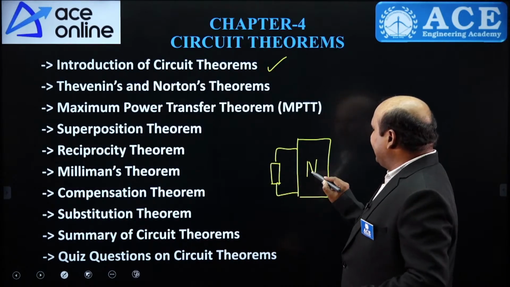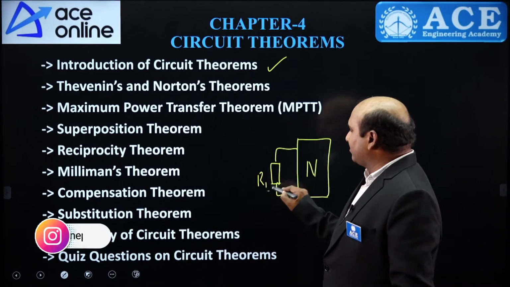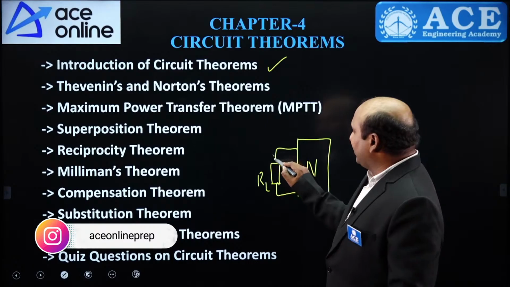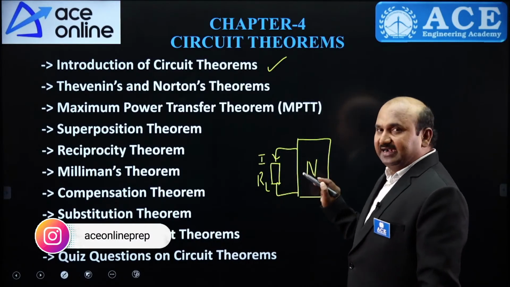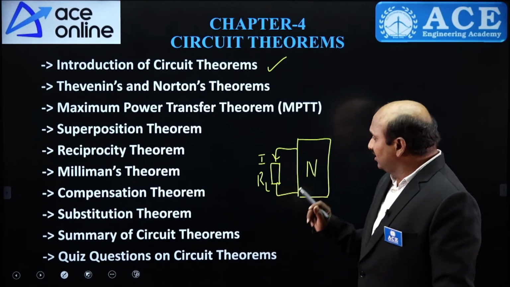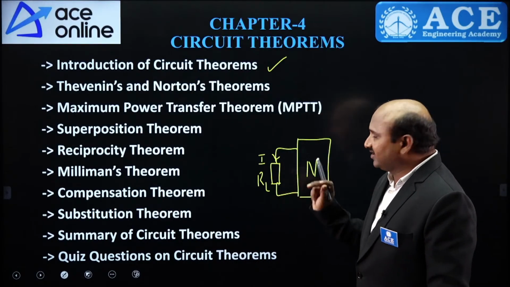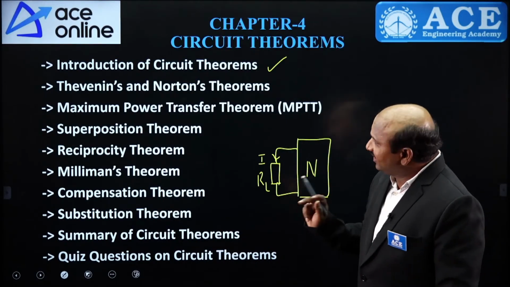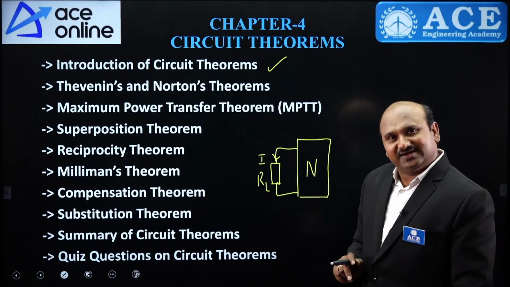Sometimes the network may not be provided, and he will provide the conditions across the load circuit. If you want to find the load current, he didn't provide the network, but he will describe it. To get the effect of the entire network on the load, we should use network theorems.